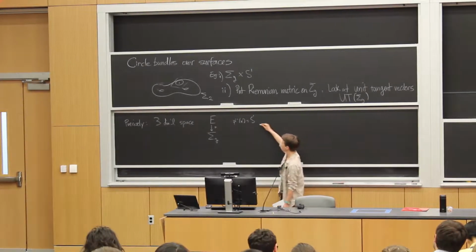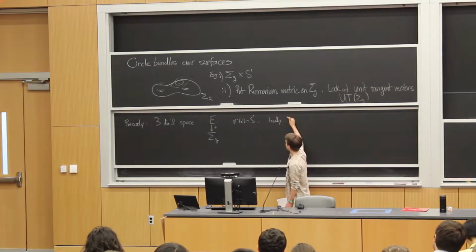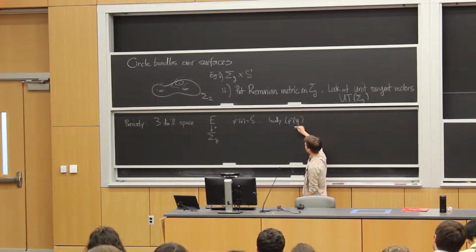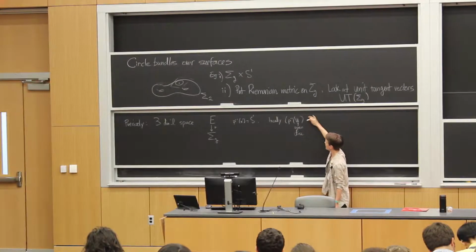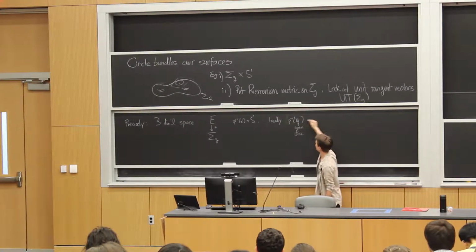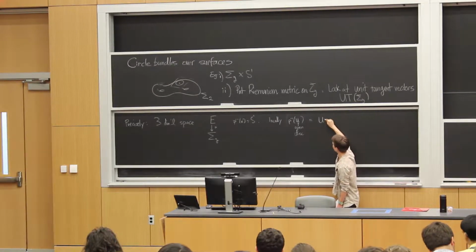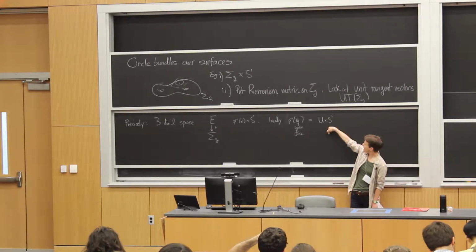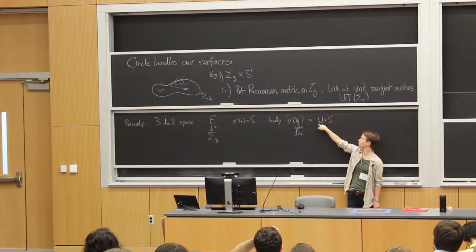That just says that locally, if I look at the preimage of some open disk in your surface, this looks like your disk cross the circle, and the map p is just projection onto the first coordinate, the disk part.